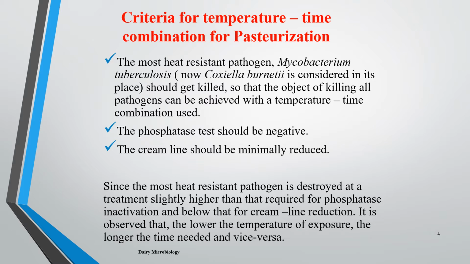Since the most heat resistant pathogen, Coxiella burnetii, is destroyed at a treatment slightly higher than that required for phosphatase inactivation, that temperature should be below that which is required for the reduction in the cream line. It is observed that the lower the temperature of exposure, the longer the time needed, and vice versa.